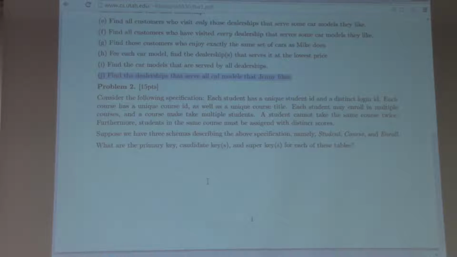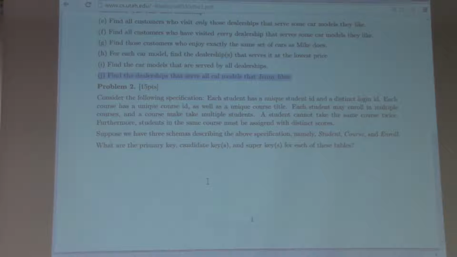First things first, if you draw a diagram like this, that's all your super keys. And key essentially is a subset of super key. Among all the keys you have, you choose one of them as your primary key. The rest of them, except this one you have chosen as your primary key, become your candidate keys. And what about foreign key?